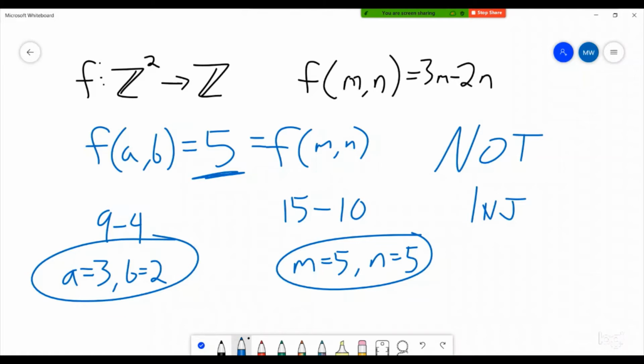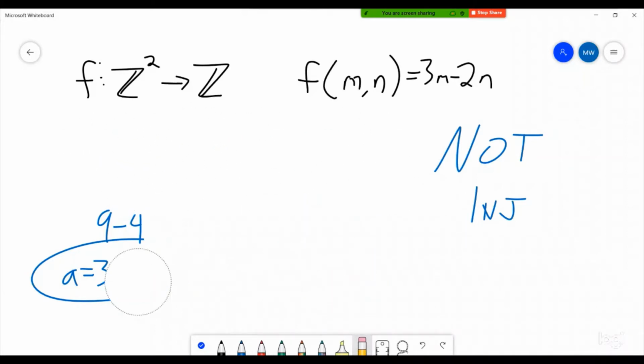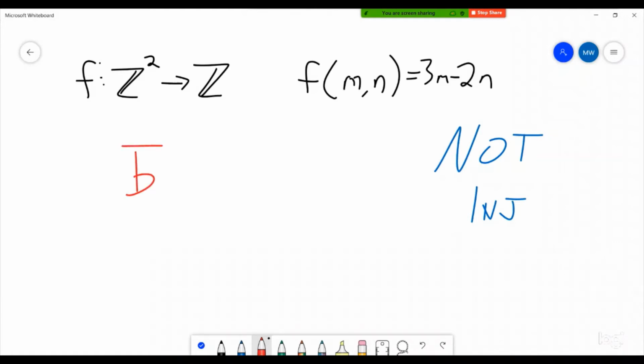The next question is surjective, so we have to figure out, is there always a way to get a given output? Now, what you might notice is we wanted to get out 5, and if we just pick both inputs to be 5, we got 5 out. So the question might be, if we want to get the output b, so we want to get b out.